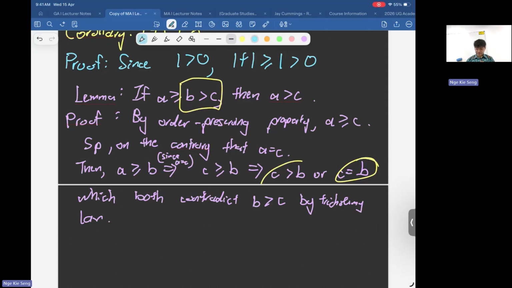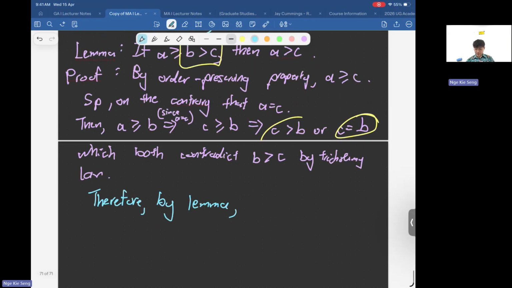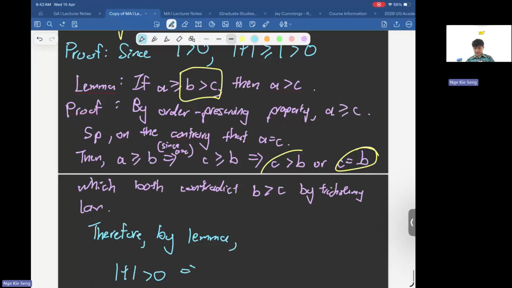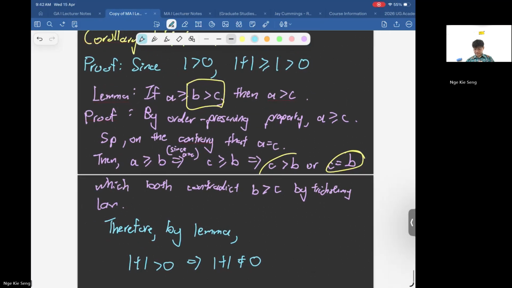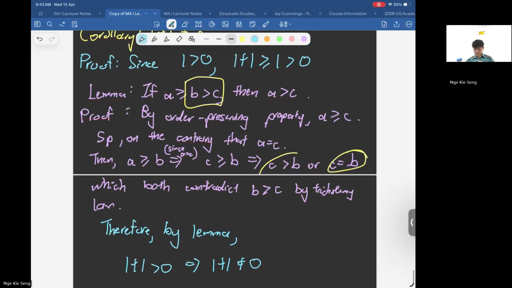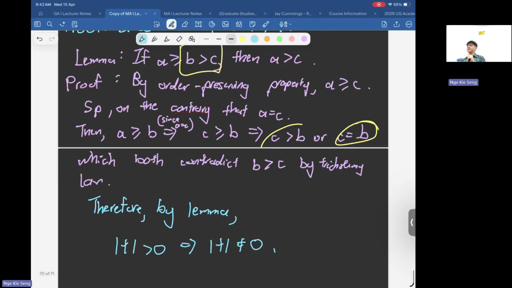So therefore, if you apply the lemma, 1 plus 1 greater than 0 implies that 1 plus 1 is not 0. Okay, does it make sense?